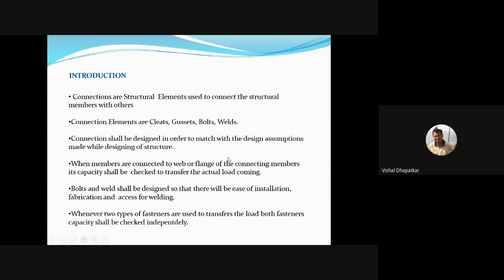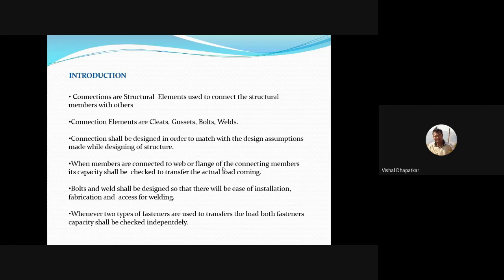So rather than providing welded joints, it is recommended to provide bolted joints, because it is quite easy to provide bolted joints, and when we work at high elevations, we don't need skilled labor just to tighten the bolt. But in case of welded connection, first, at such elevation, doing welding is quite difficult.